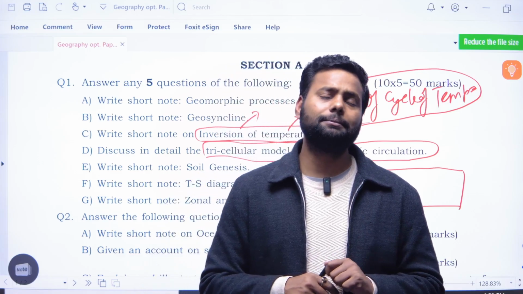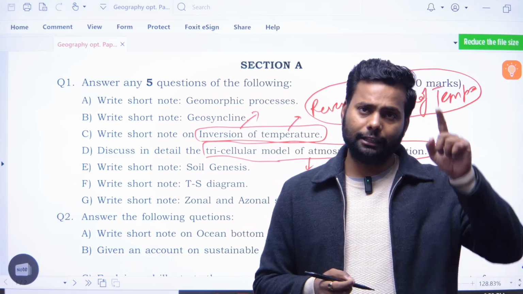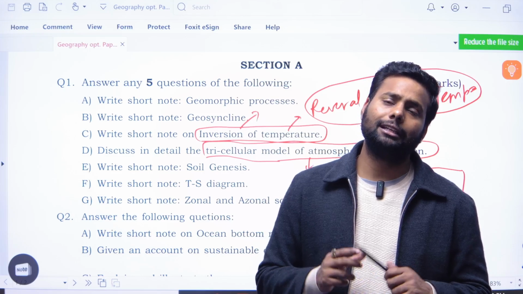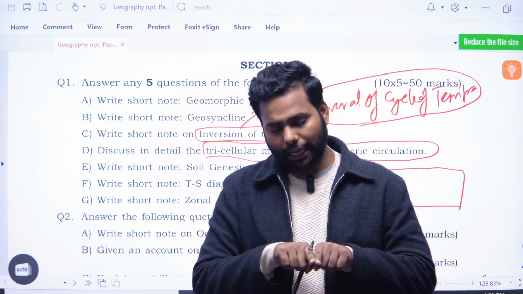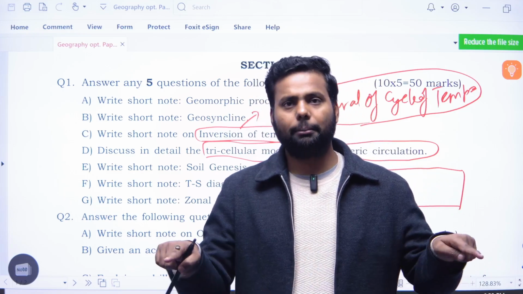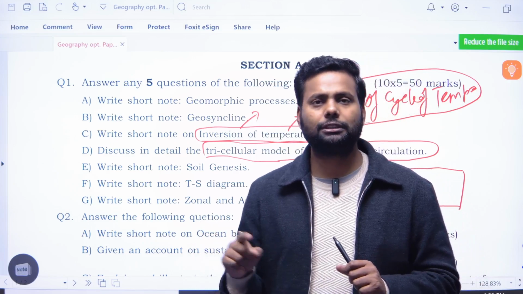Because of this, the polar region has high pressure at the surface, and in the atmosphere of the polar region there is low pressure. So the air diverges from the high pressure of the earth's surface and moves towards the subpolar region or towards the equatorial region.